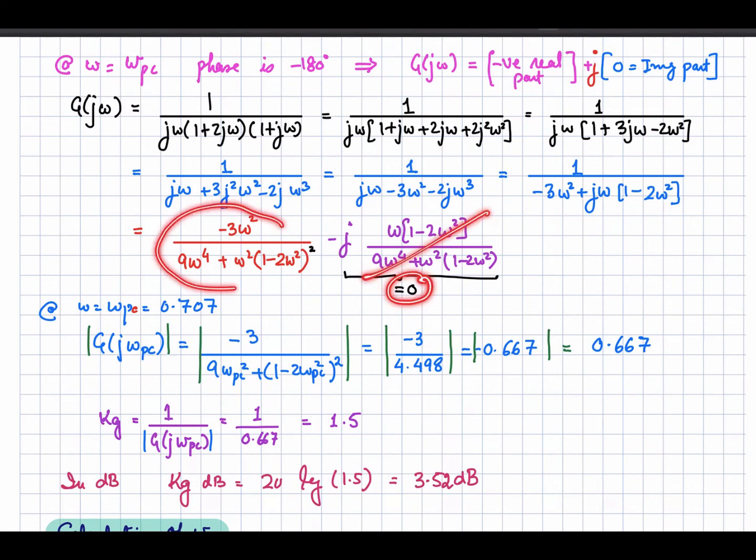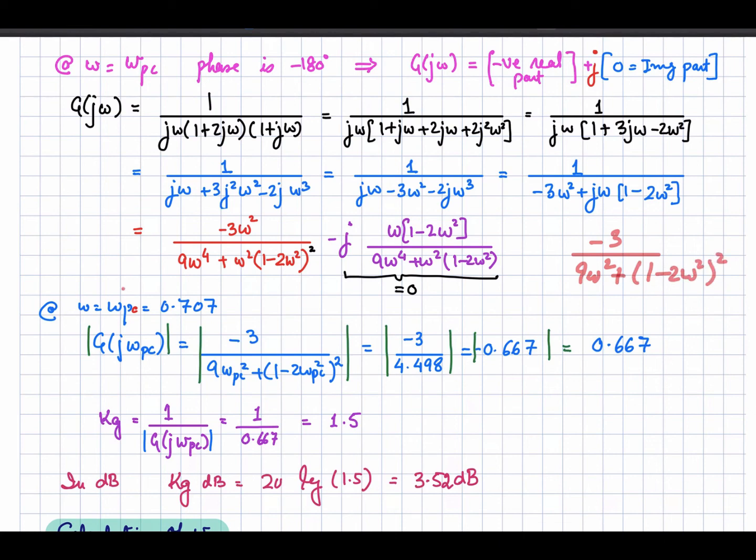So only the real part will be there. So in this you can take out omega square as the common factor. Omega square, if you take common, this will become omega square and this will be cancelled out. So now considering this real part, minus 3 by 9 omega square plus 1 minus 2 omega square whole square, right?